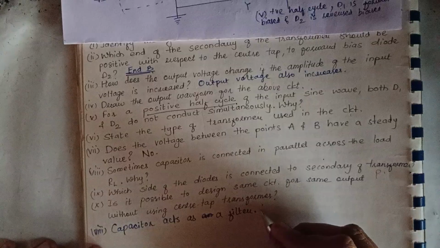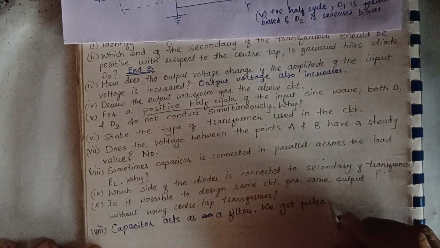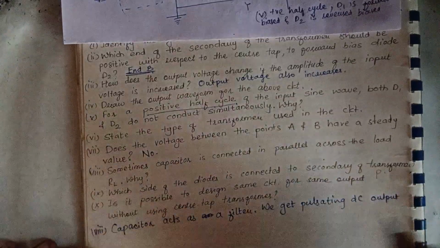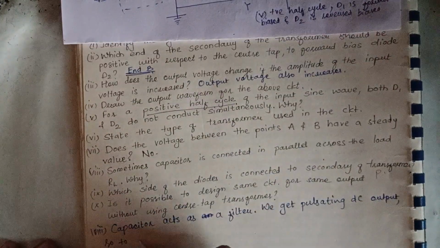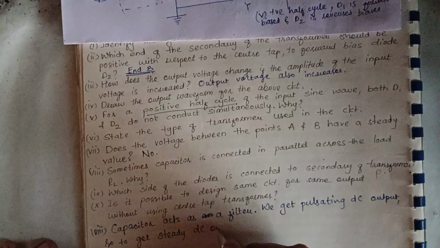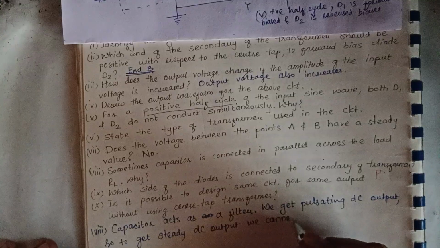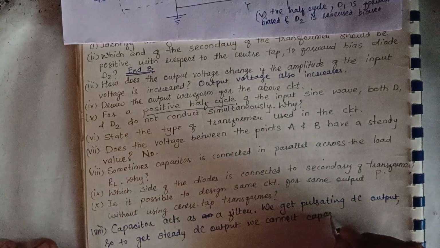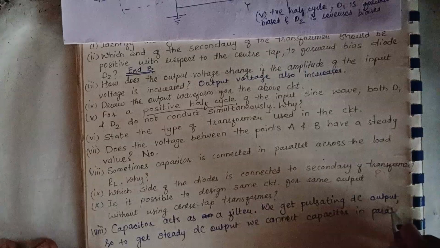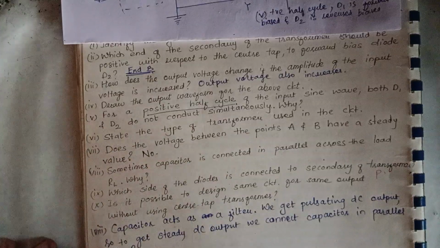We get pulsating DC output. So to get steady DC output, we connect a capacitor in parallel with RL, that is load resistance.